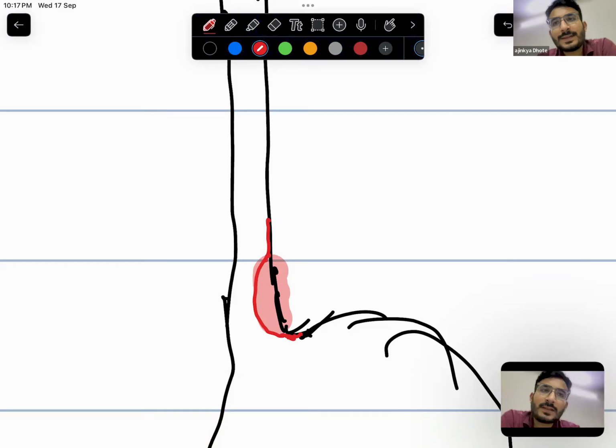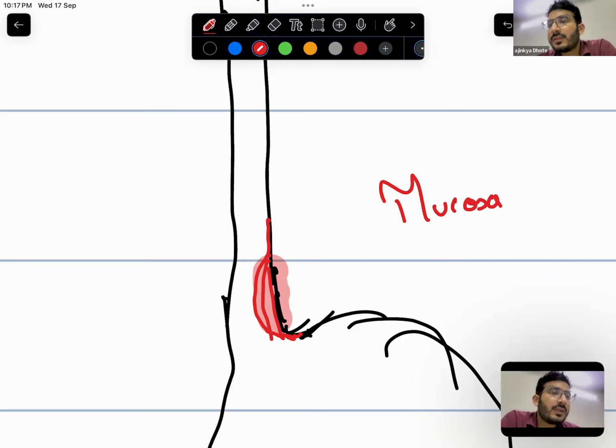Now this is the mucosa. Consider the red line as the mucosa. And there are multiple layers, as we all know. There is the mucosa, submucosa, muscularis propria, and I won't say the fourth layer.